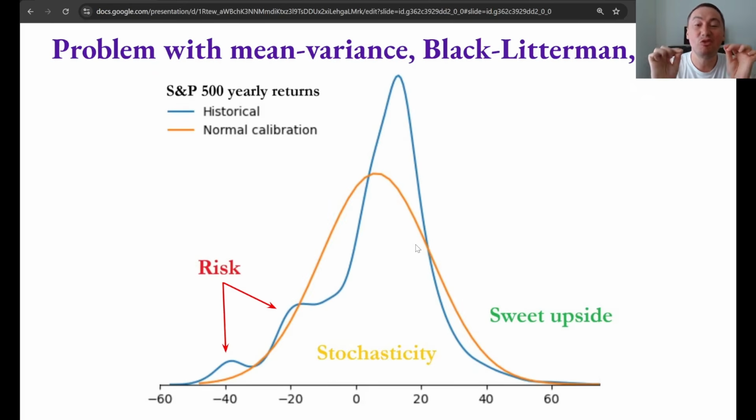So this is if we know the mean and the variance exactly, this is the best fit that we can do. And you can see that scenarios where you lose 40 or 20% have happened much more frequently historically than this nice bell-shaped curve will predict.